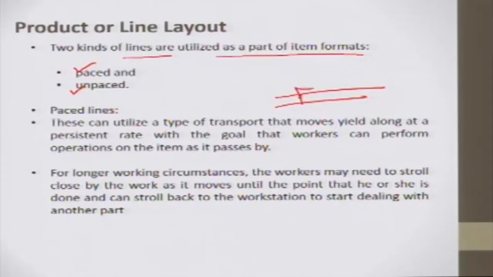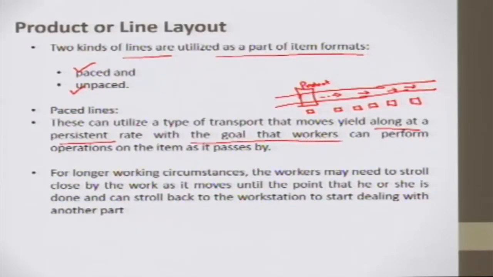The product is fixed here, and the machines or the workers whoever has to carry out this operation would do it whenever the product is flowing in this path. So this can utilize a type of transport that moves output along at a constant rate so that workers can perform operations on the item as it passes by.